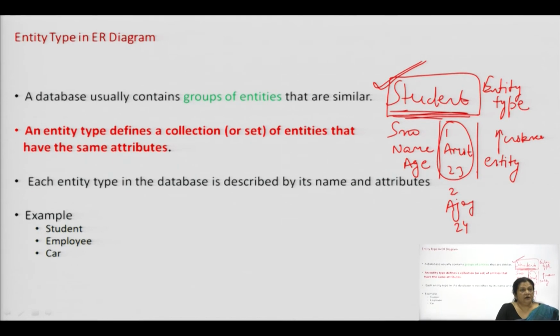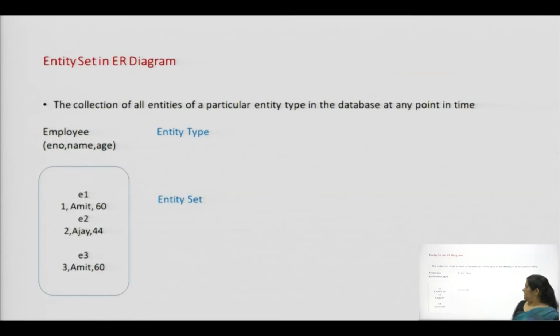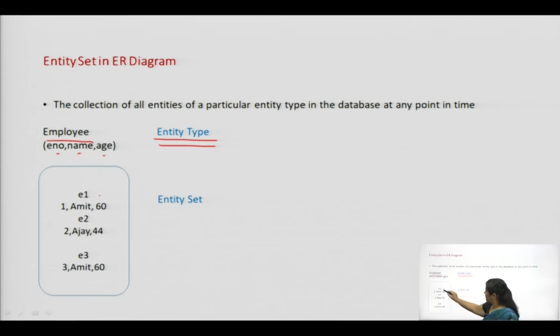Each entity type in the database is described by its name and attributes. Let us look at what I told you earlier. We have employee over here, and the attributes of interest for the employee are employee number, name and age. So, this is an entity type. The occurrences are the employee E1, given by 1 as the employee number, Amit as the name and 60 as the age.